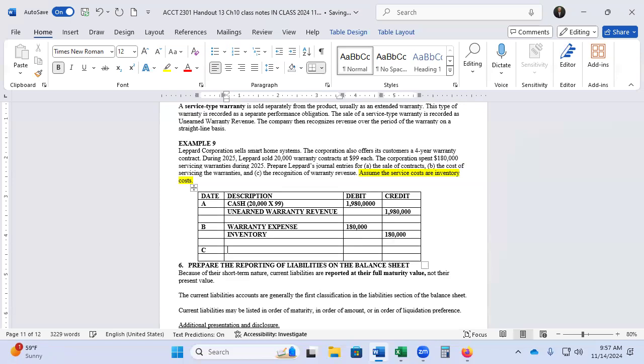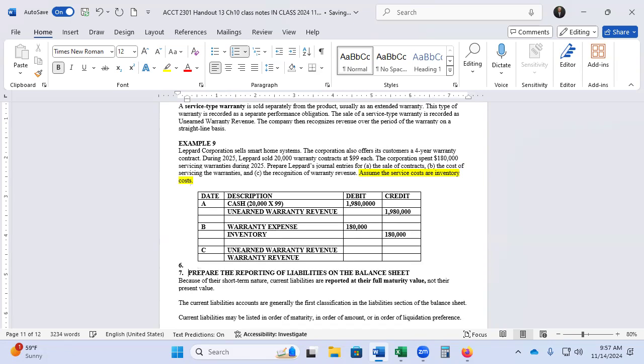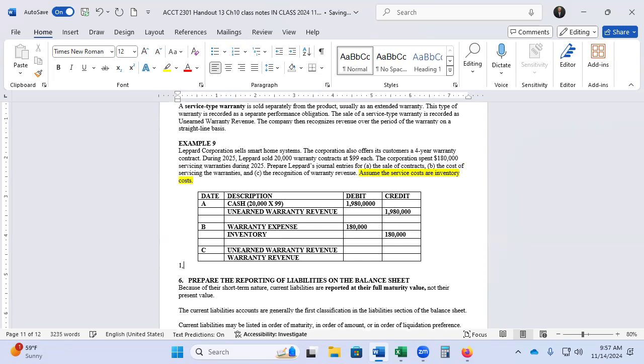And C, the recognition of warranty revenue. At the end of the year or the end of the period, they're going to have a debit to unearned warranty revenue and a credit to warranty revenue. And the amount, we take the 1.98 million and divide that by 4 because it's a 4-year contract.